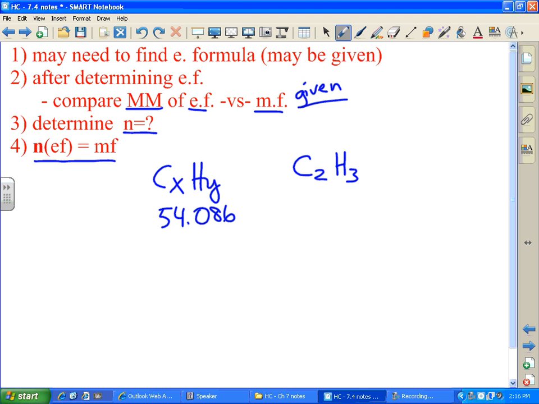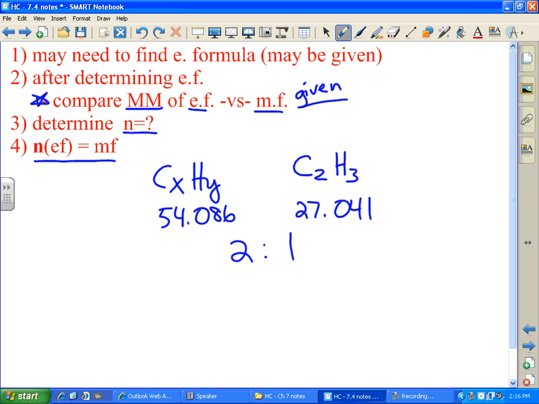So we're going to compare the molar mass of the molecular formula to the empirical formula. They've given us the empirical, and we just have to then quickly look up what the molar mass is for that empirical formula, and we get 27.041. So we can see the relationship here of 54 to 27 is a 2-to-1 ratio.